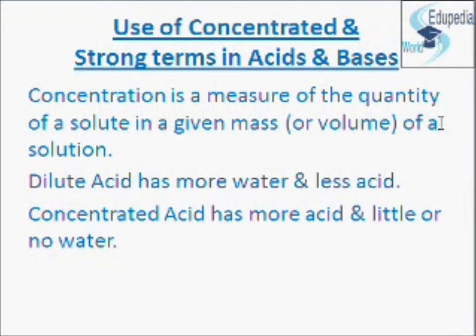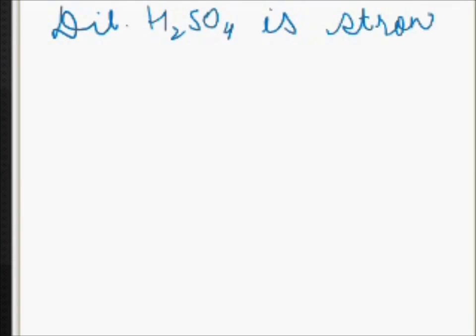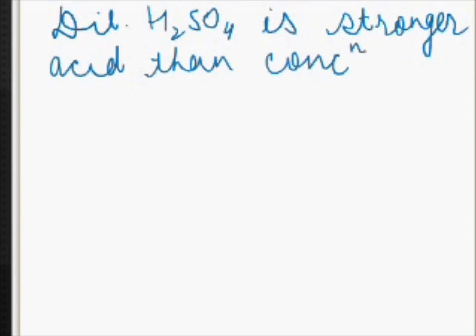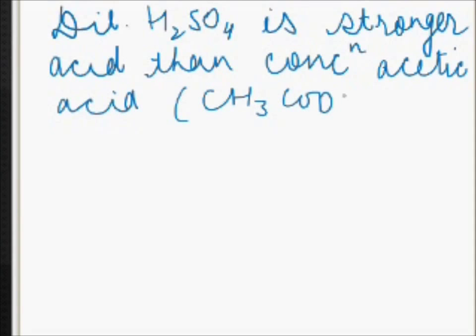Dilute sulfuric acid is stronger acid than concentrated acetic acid. Chemical formula of acetic acid is CH3COOH.